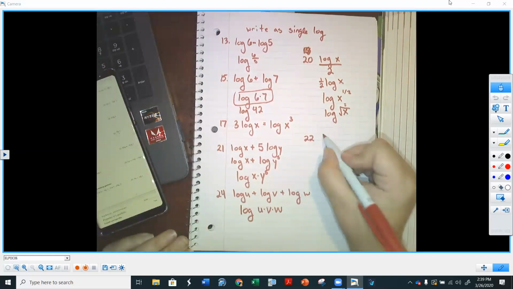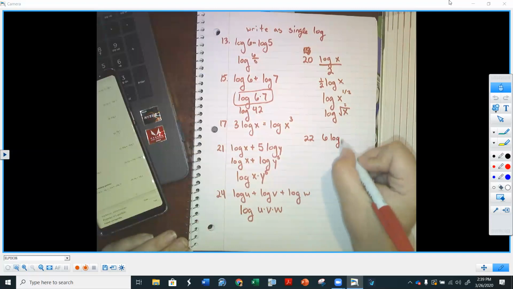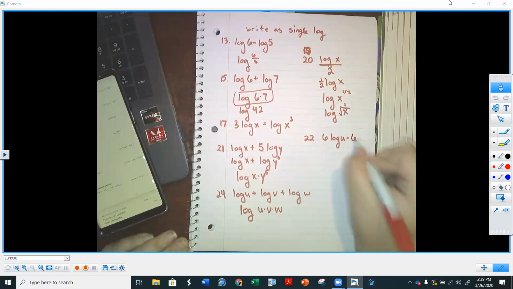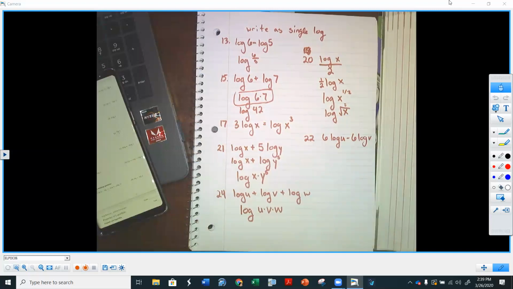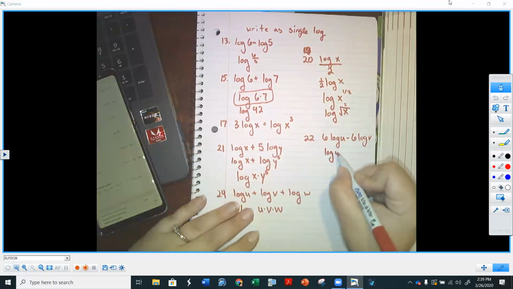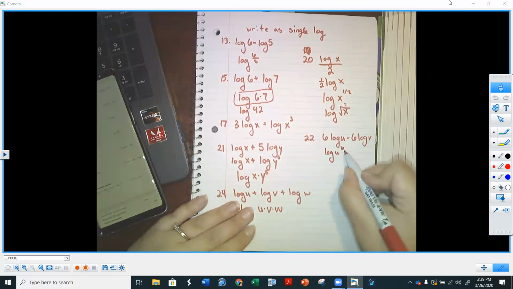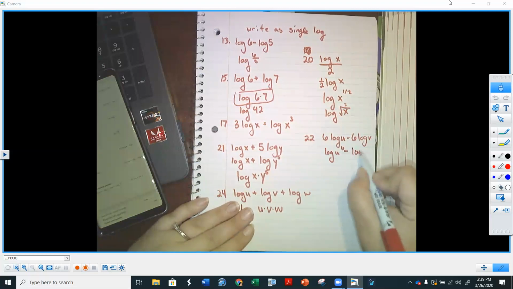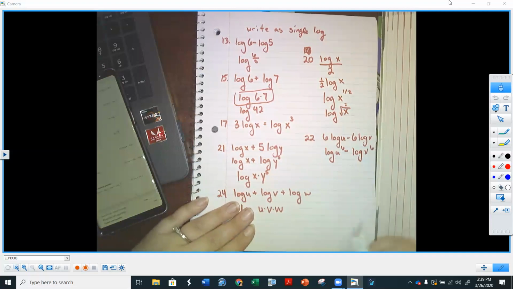Then 22 is going to look like 6 log U minus 6 log V. There are a couple different ways you can think about these sixes. I'll just go with the first way that I see, but it doesn't necessarily have to be the only way to do it. So it's log U to the 6th power minus log V to the 6th power.